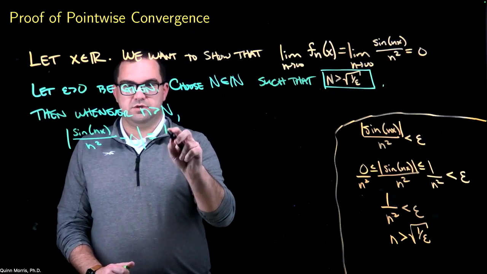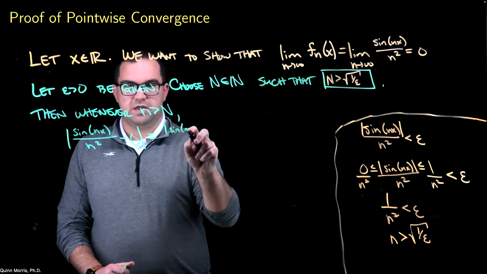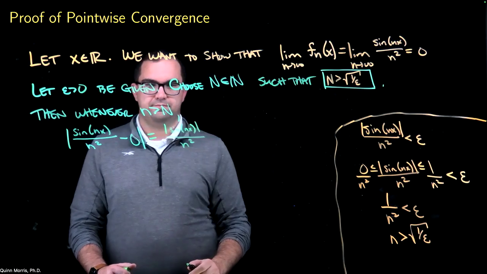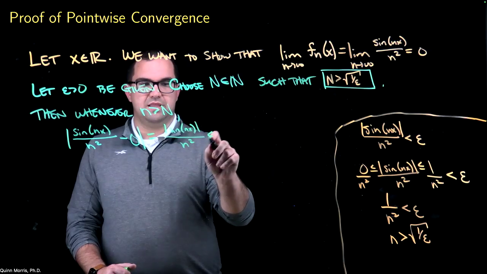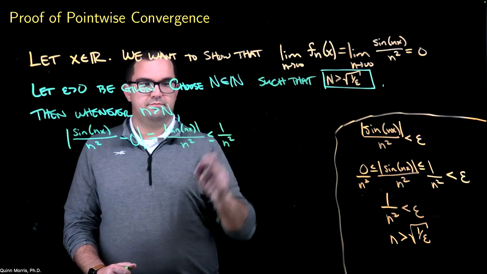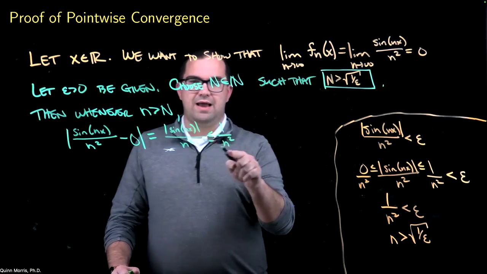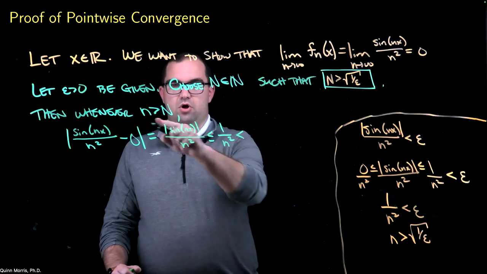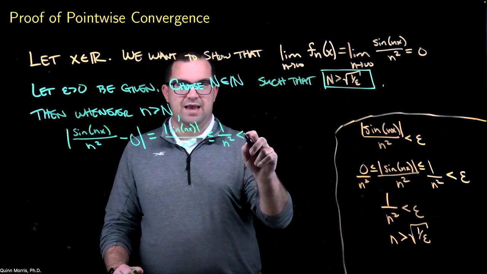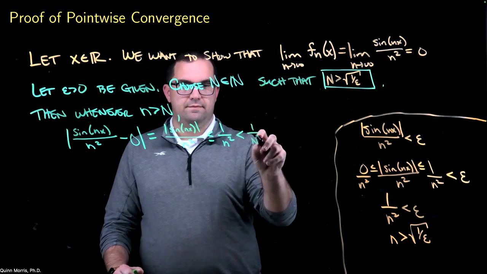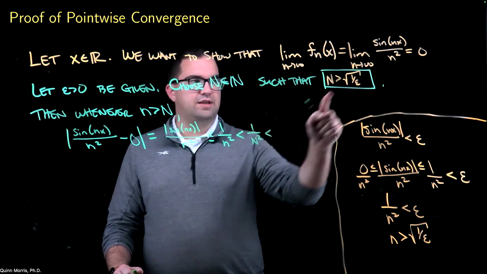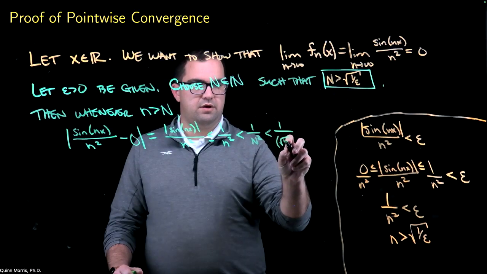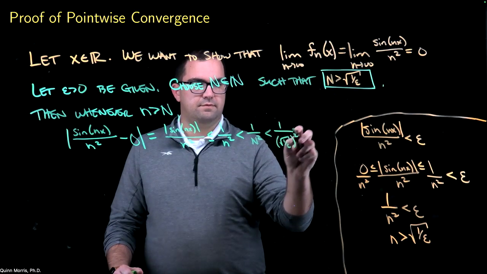All right, so this just ends up being the absolute value of sine of nx over n squared. Okay, this is always less than or equal to 1 over n squared. Now I can substitute something smaller in the denominator that will make everything larger. So something smaller than little n is capital N. And something smaller than capital N is the square root of 1 over epsilon.